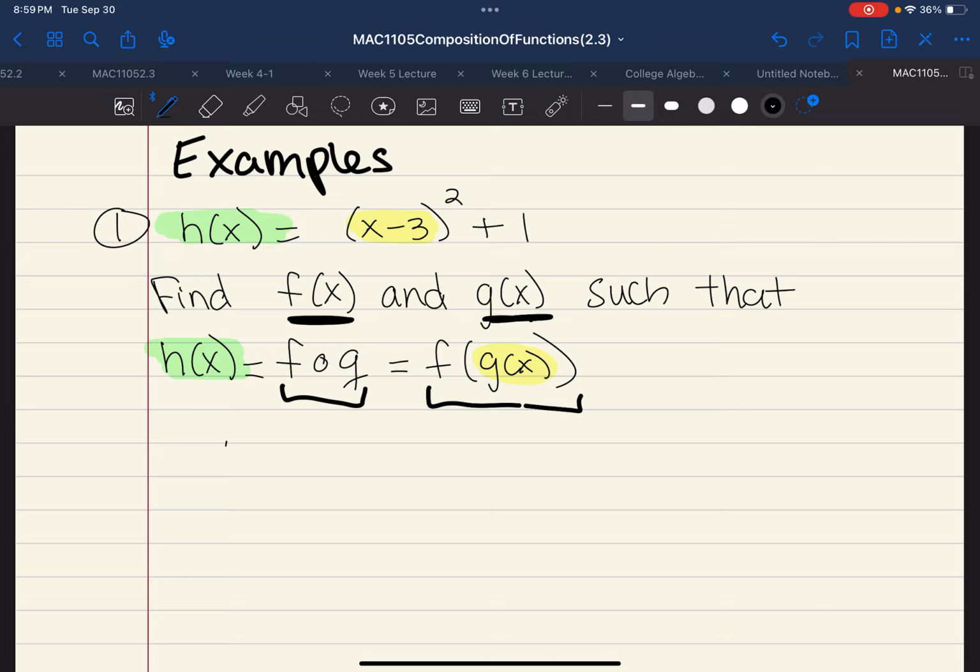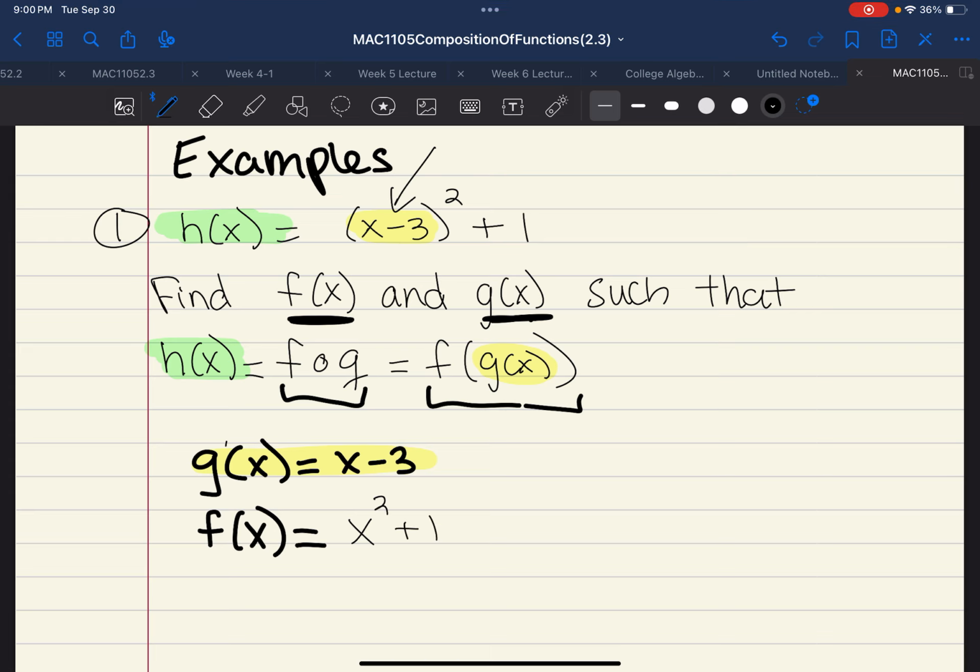So let me just try to let g of x equal x minus 3. And then f of x, if I'm choosing g of x to be x minus 3, then f of x, the outside function, I'm going to replace that x minus 3 with just x. So that would be x squared plus 1.